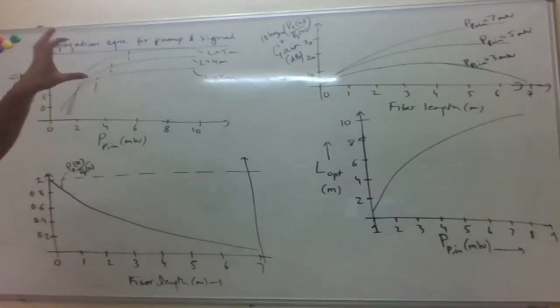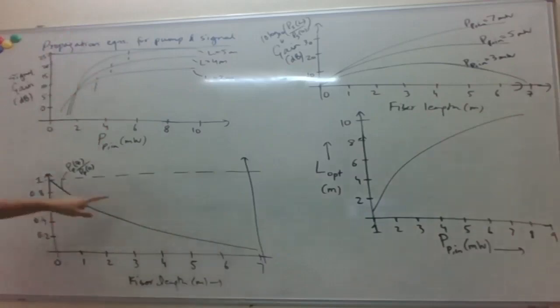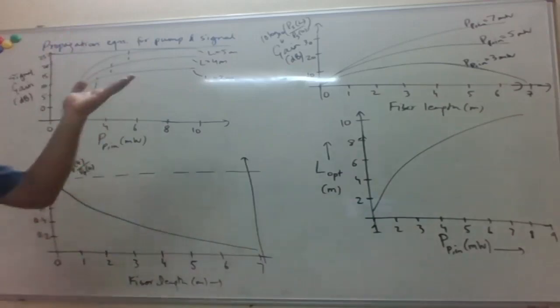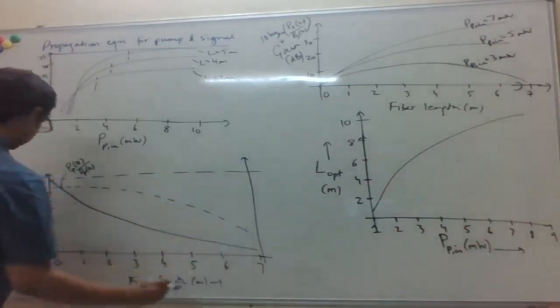And if eta N2 minus N1 is more than 1, then we get gain for the signal. So in the initial parts here, when the pump power is large, the number of atoms in 2 will be large, and we'll get gain. If you plot the number of atoms in this excited state 2 as a function of length, it looks like this.